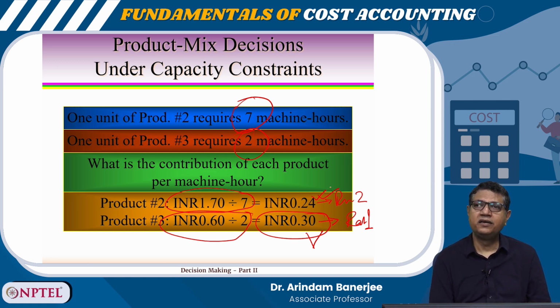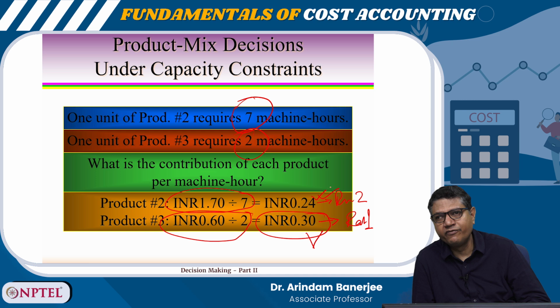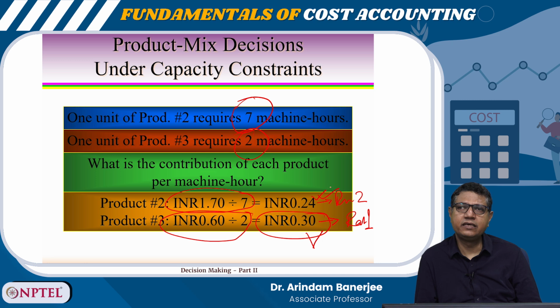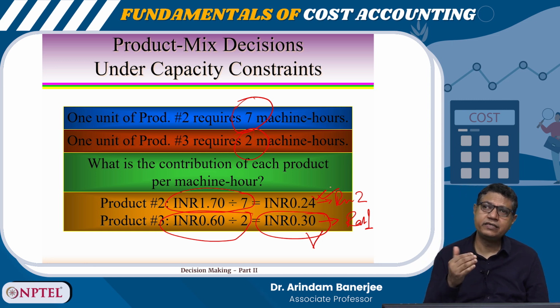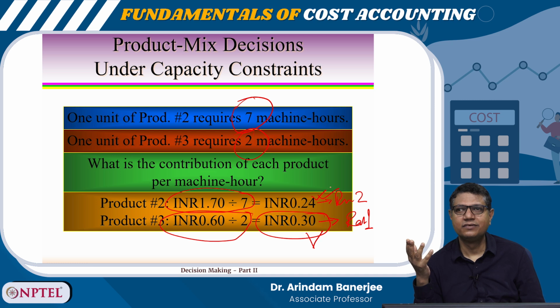The other decision making category which we discussed is called product mix, when there is a constraint, right? Product mix when there is a supply constraint or there is a key factor or limiting factor. What is the key factor or limiting factor? In the previous examples, the underlying assumption is that all these factors of production, material, labor, overhead, etc., and their market demand, are available in abundance. That means whatever I am able to produce, I will be able to sell, right?